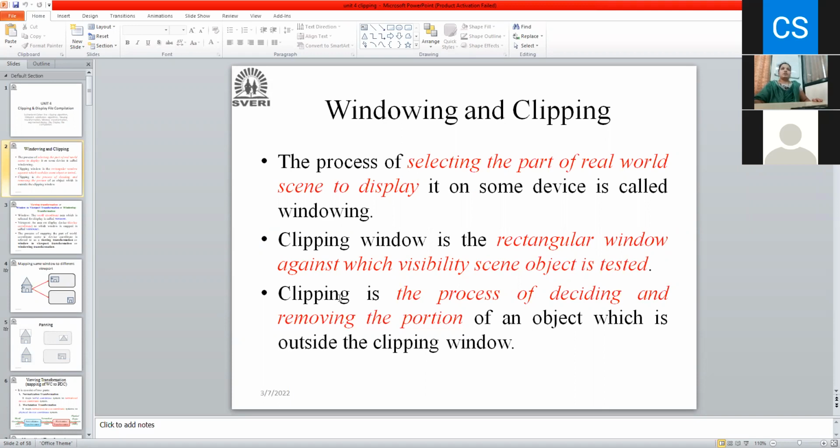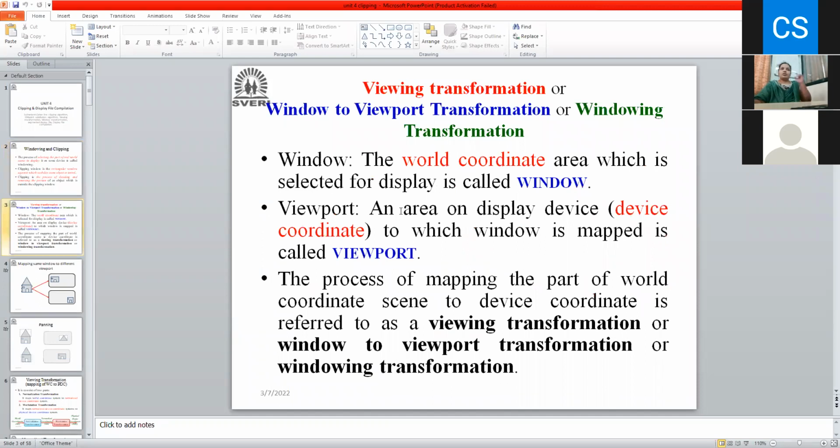Clipping is the process of deciding and removing the portion which is outside the window. The portion inside the clipping window is the only part we take for display purposes; the remaining portion we discard. Discarding the portion which is not visible saves the amount of memory required to store that picture. So that is about windowing and clipping.